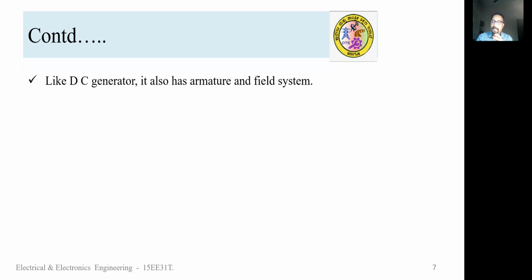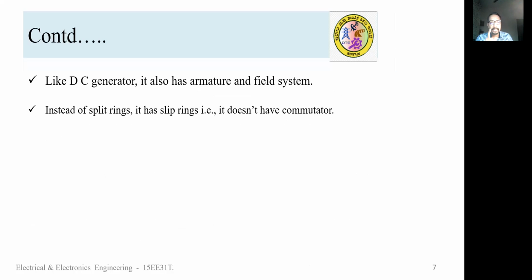Next, the most important point in an alternator is that instead of split rings, we use slip rings. That is, the alternator will not have a commutator. Commutator or split rings are not used in an alternator; we use only slip rings.